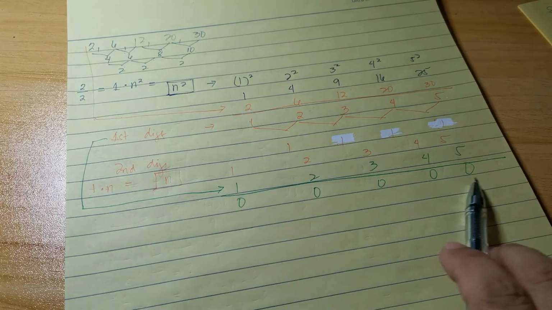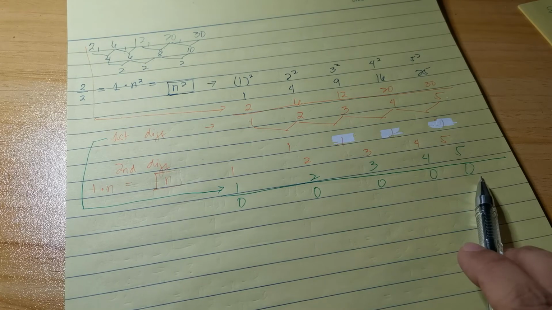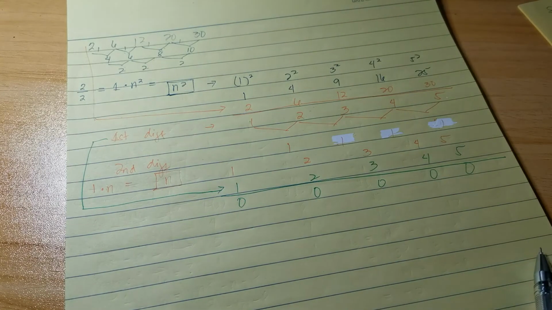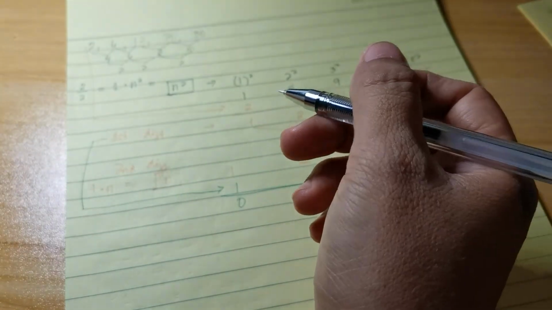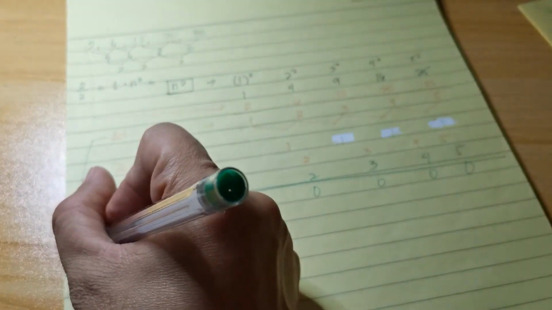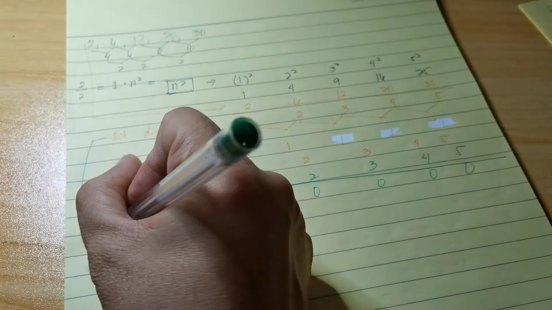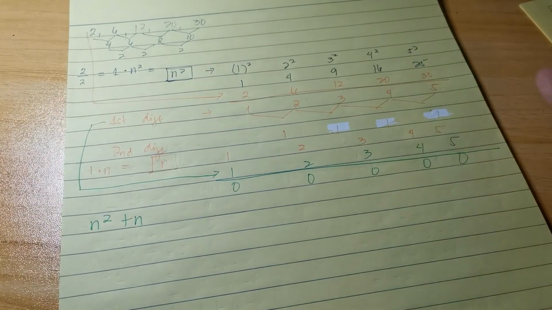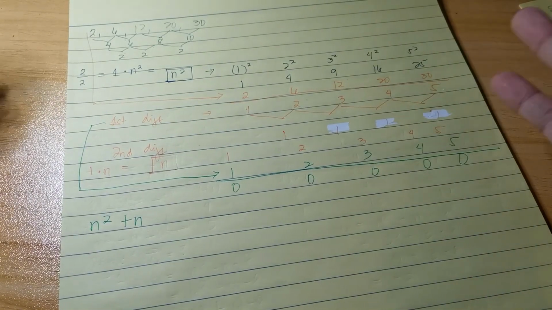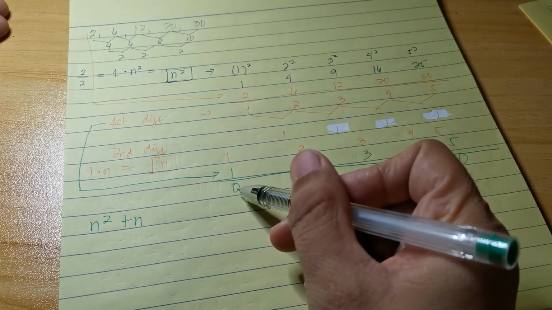We are done, so there is no next term. We cannot write n square plus n plus 0. Therefore, we have our general rule: n square as our quadratic term plus n as our linear term, and we do not have a constant term because it is equal to 0. I hope that is clear.